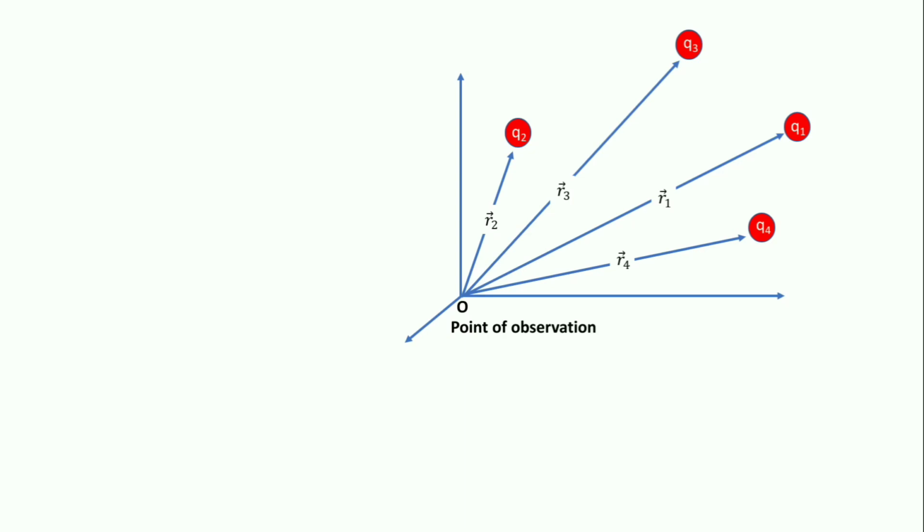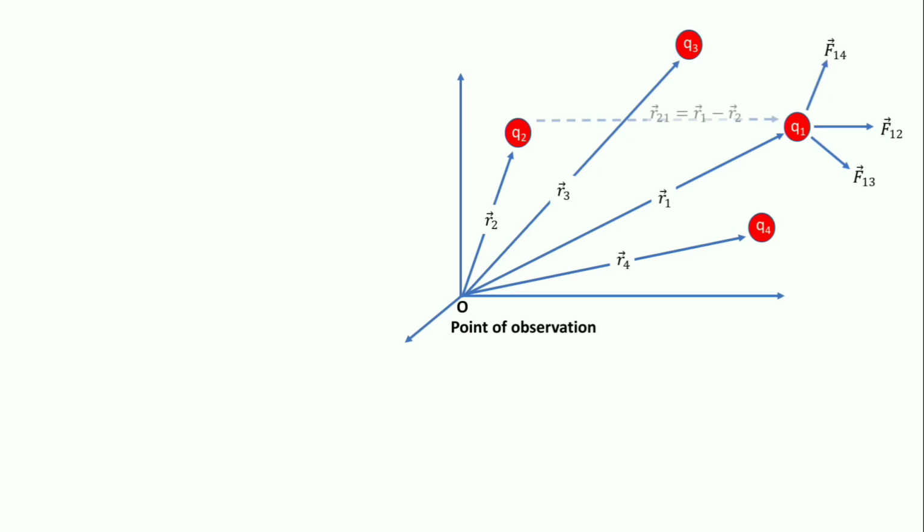First, I have considered the q1 charge and the force of repulsion on it due to other charges, shown in the figure. Force acting on charge q1 due to charge q2 is given by F12 vector. Force acting on charge q1 due to charge q3 is F13 vector. Force acting on charge q1 due to charge q4 is F14 vector. Let's draw the displacement vectors.